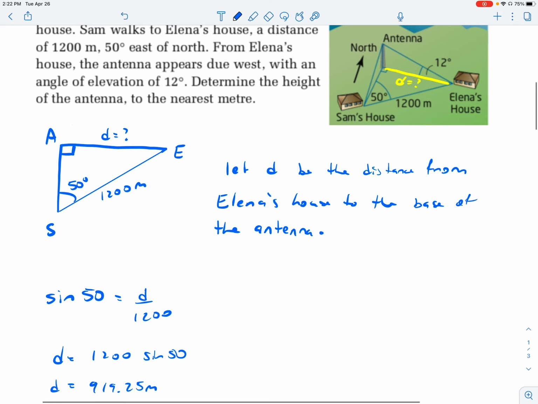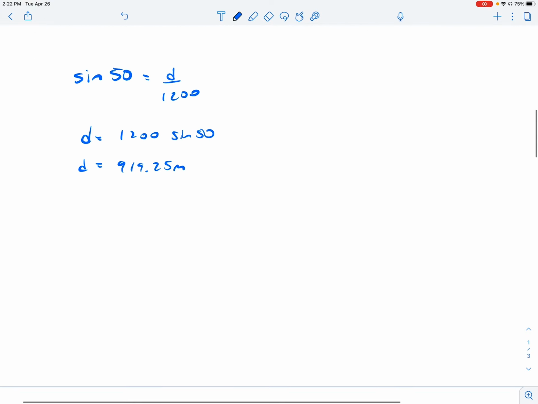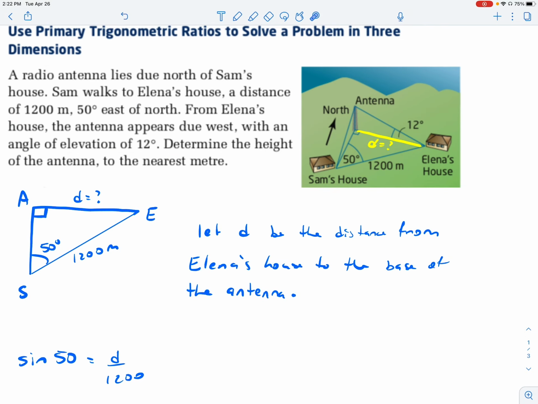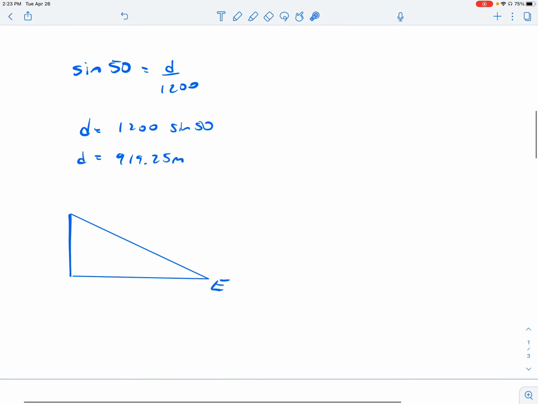So I'm going to draw that next triangle. So there's Elena's house. What I'm actually drawing is the side view. Okay, so if you were standing on the ground looking this way towards the north, you could see this right angle triangle that's formed with Elena's house and the antenna.